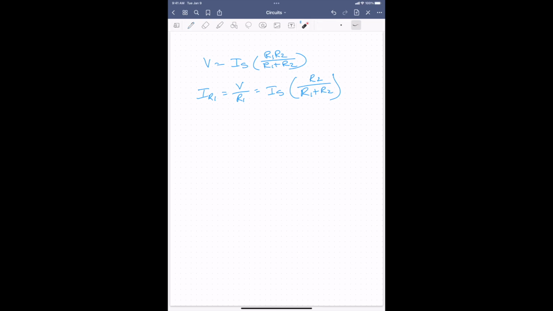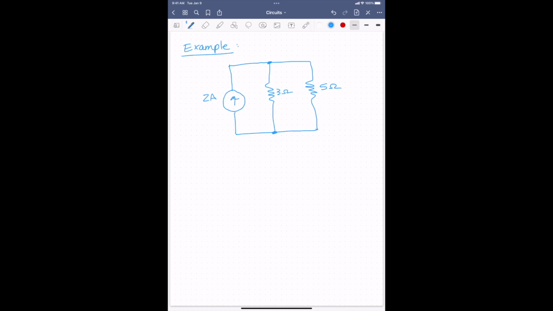Notice that the R1's cancel. Similarly, we can write IR2 as the voltage across the resistor divided by the resistance using, again, Ohm's law, and that will give us IR2 is IS times R1 over R1 plus R2.